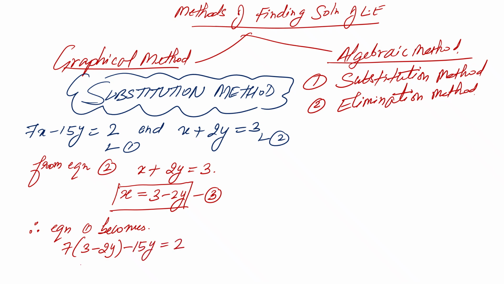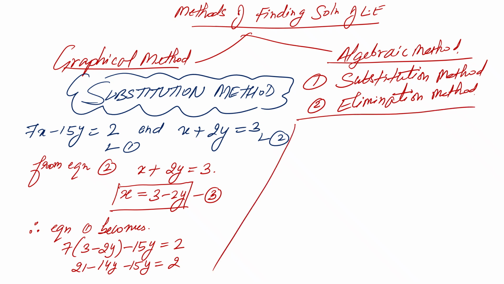If you solve this, it will be 21 minus 14y minus 15y equals to 2. And if you solve this further, what you will get? You will be getting 21 minus 29y equals 2. So this is minus 29y equals to 2 minus 21, which is equal to minus 19.